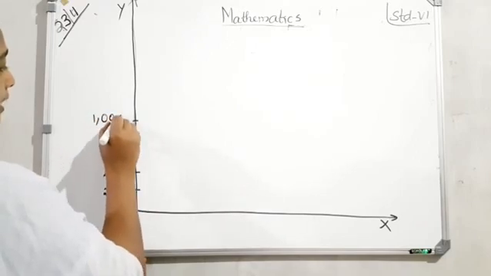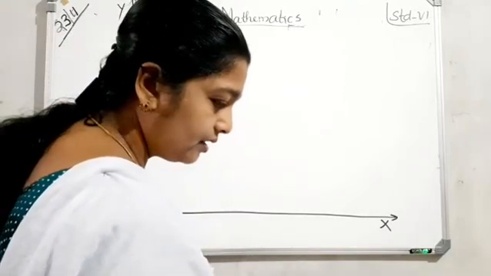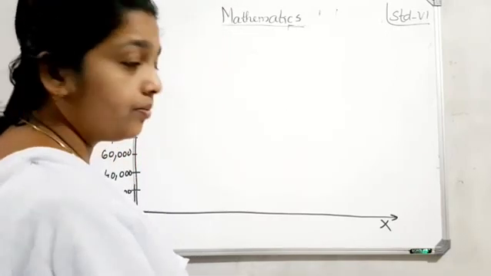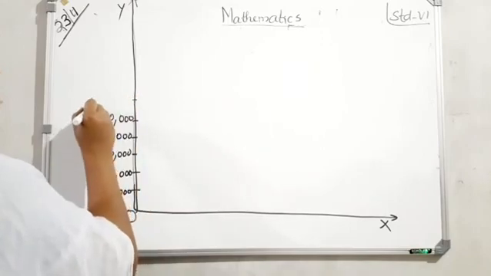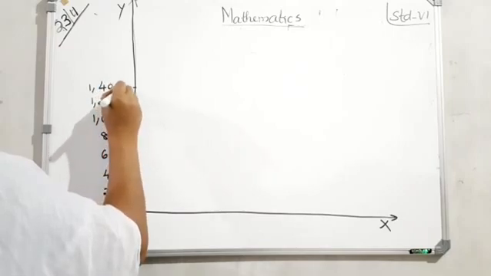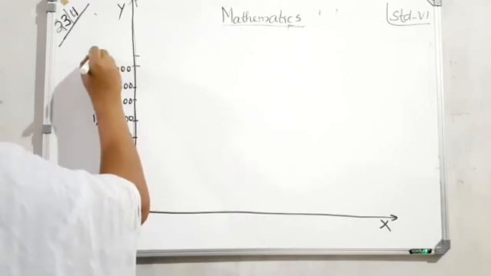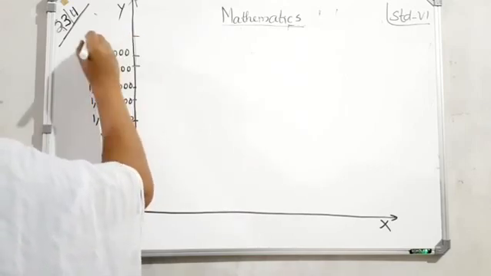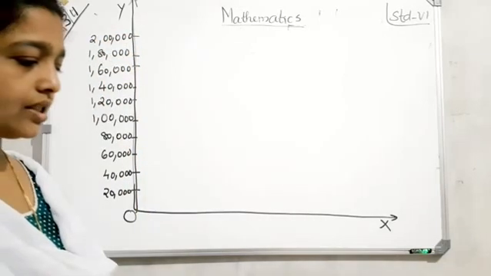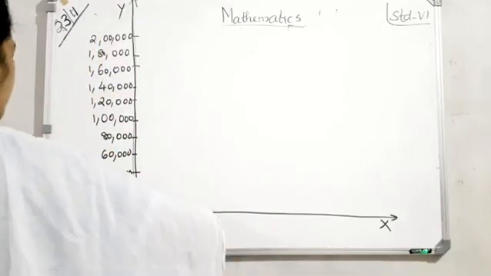Next 1 lakh. Up to where do we want? Yes, 2 lakhs is the maximum number. Next 1 lakh 20,000, 1 lakh 40,000, 1 lakh 60,000, 1 lakh 80,000 and next 2 lakh. Clear? So this is the number of persons.